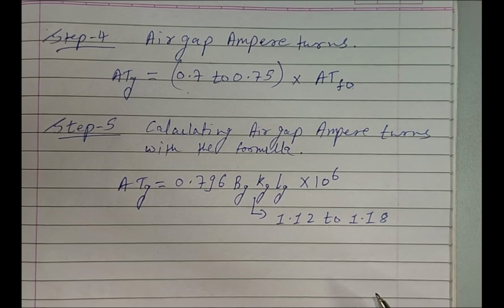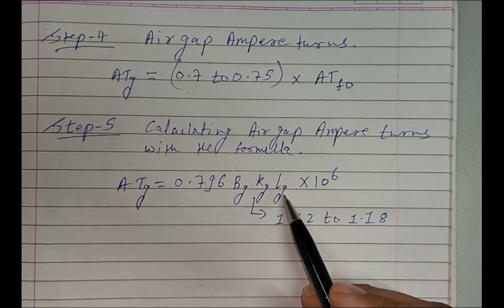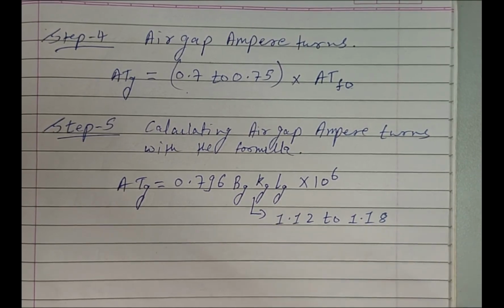The approximate value of the air gap length, that is L_g, can be expressed in terms of pole pitch.